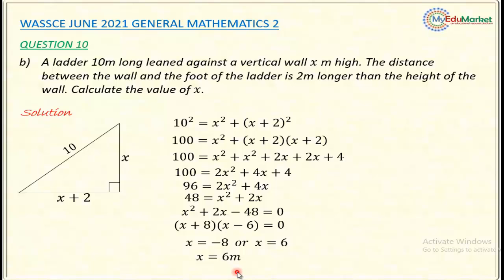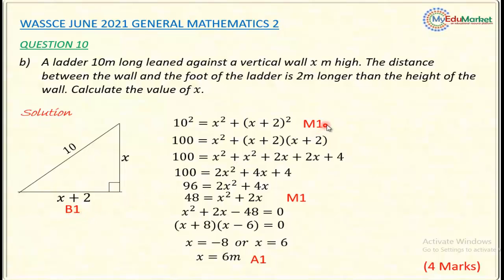Let us see the mark distribution of this question according to the WAEC marking scheme. The first mark is a B1 mark, where you denote the distance from the foot of the ladder to the wall as x plus 2, meaning add 2 to the height of the wall. So you have the bonus 1 mark there.